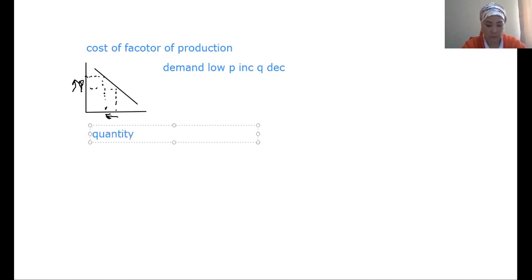Quantity of, again, factors of production. What's happening? Assume that there's something that is a lot, for example, oil in the market right now, right? There is too much oil in the world market, and what's happening to the oil price?